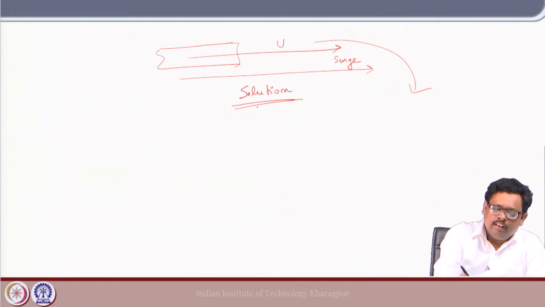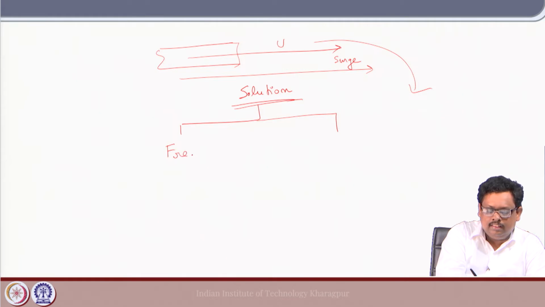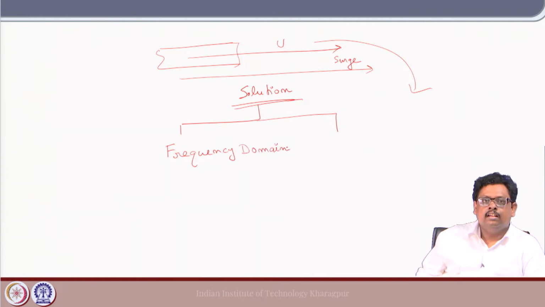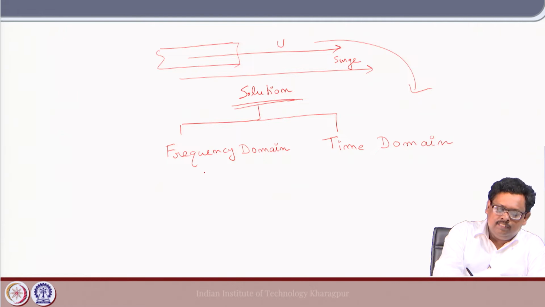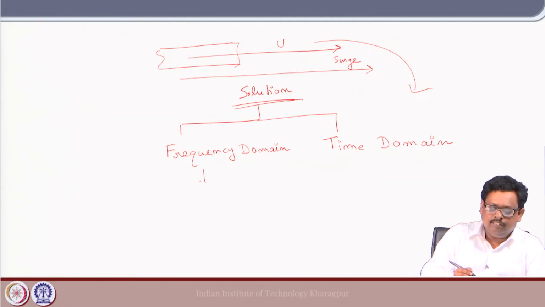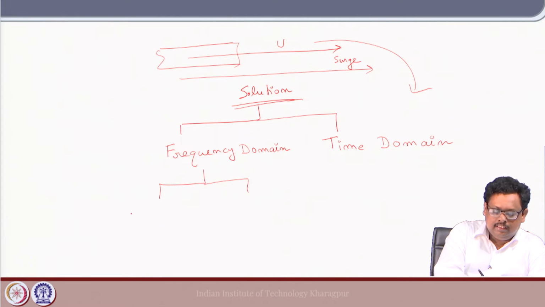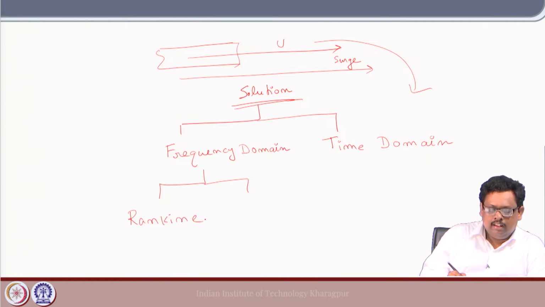Now, in the solution you can define two different things. One is the frequency domain, or you can take the time domain. In the frequency domain you can take two types of Green's function: one is only the Rankine, and another is the free surface Green's function.